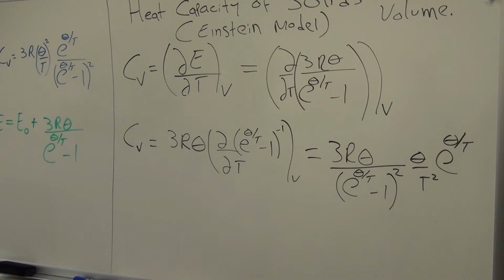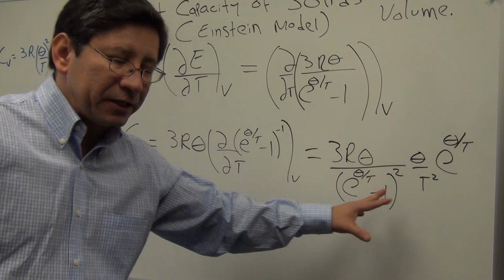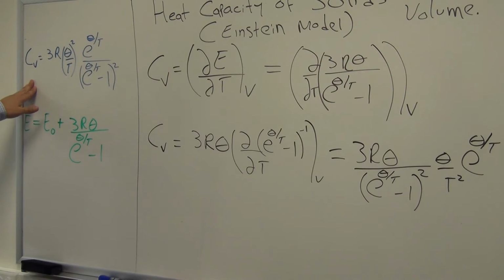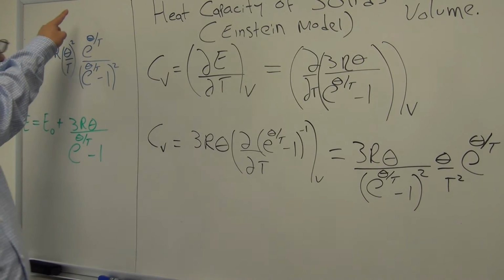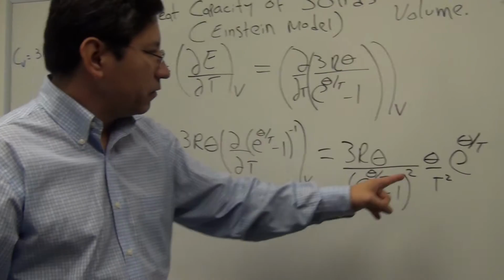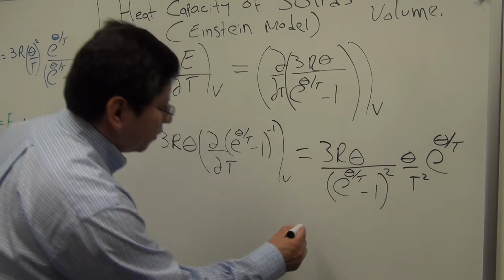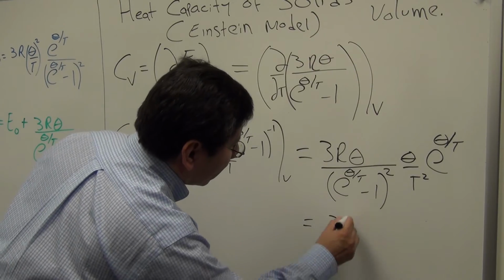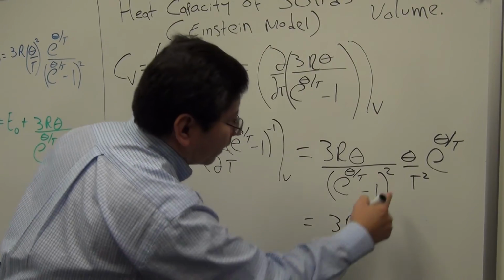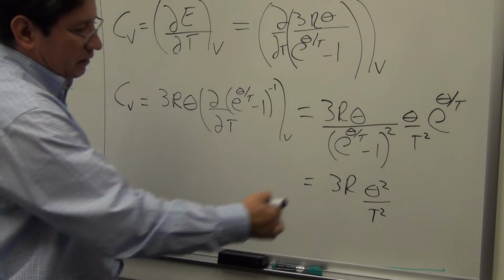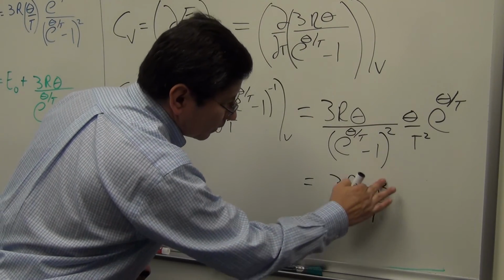Okay, let's see if this matches the expression that we were given at the very beginning. So we have 3R theta over T squared, so this theta and this theta multiply to give you theta squared, and the T squared that is already present here.